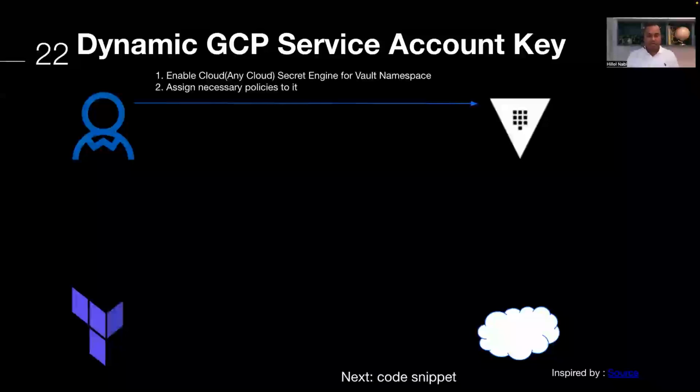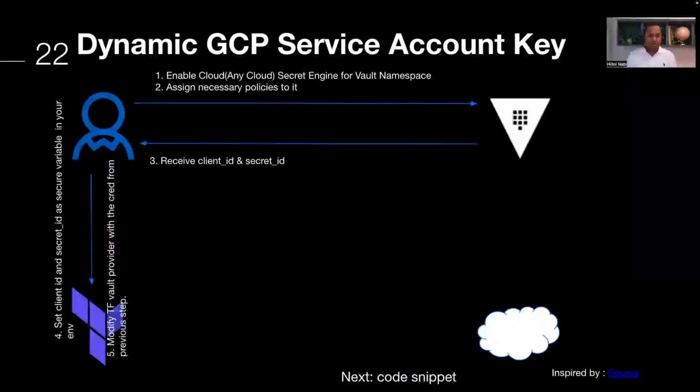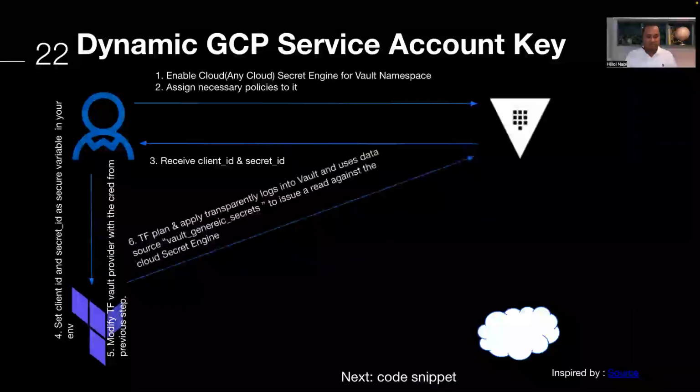At first, as usual, we need to enable ourselves to use and define assigned policies for HashiCorp. Then from there, we will receive the client ID and secret ID. After doing so, we need to set the client ID and secret ID as variables. Then modify the Terraform provider, and provide the credentials from there.